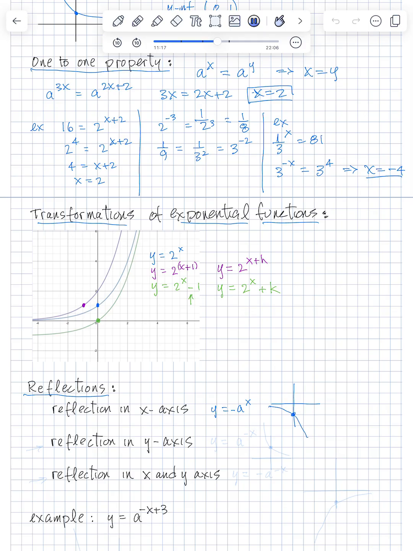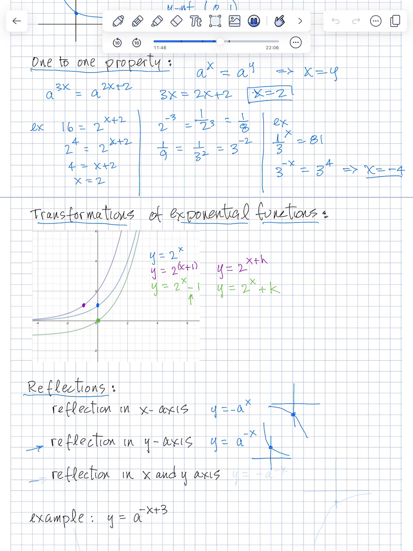Okay, now let's look at the reflection in the y-axis. This is going to have the form y is equal to a to the minus x, and it looks like this. The intercept is still 0, 1, and it's going to be in this form.